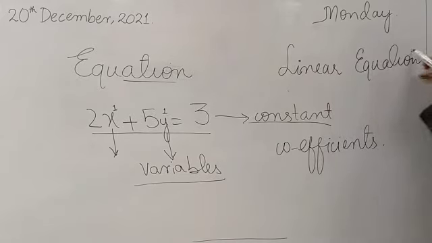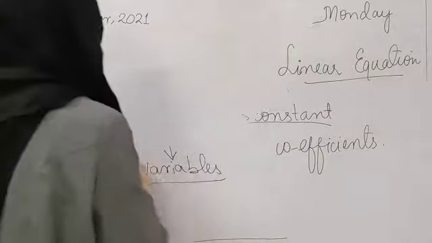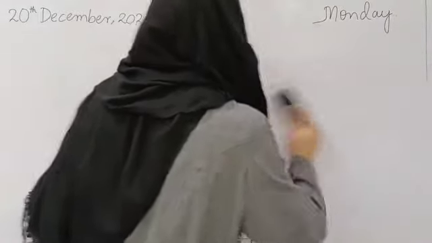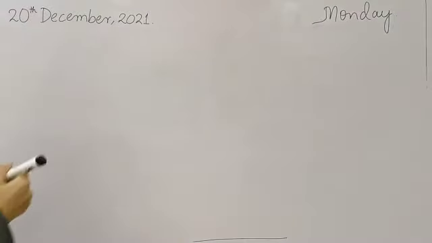Now today we will see how to solve two linear equations simultaneously. Okay. So let's see an example. I am writing here two equations and then we will solve it. There are three methods of solving equations simultaneously.